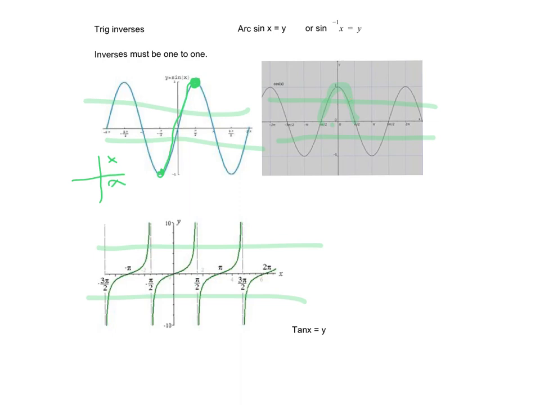So for cosine, we are going to use the spot from 0 to 180. If you use from 0 to 180, that is one-to-one.